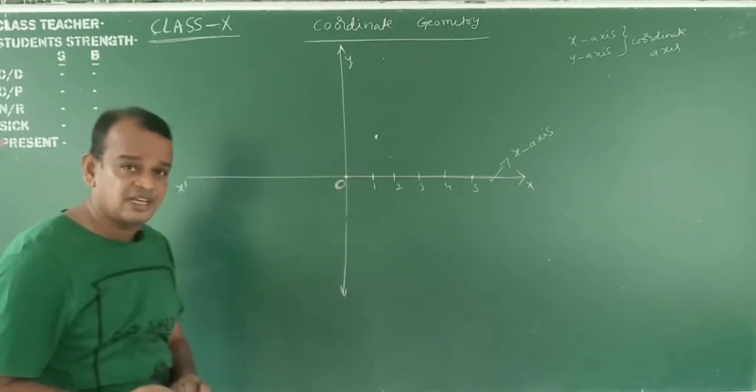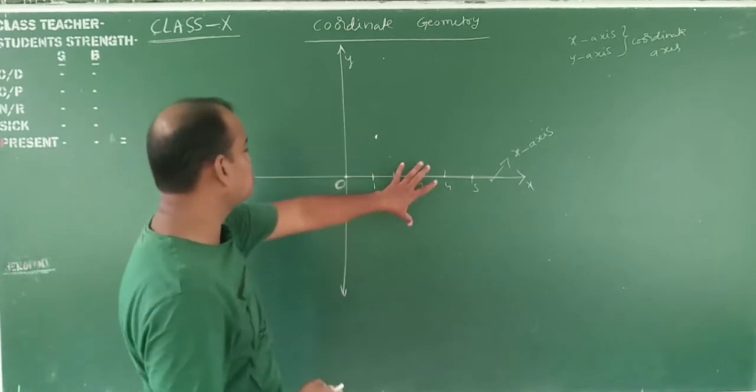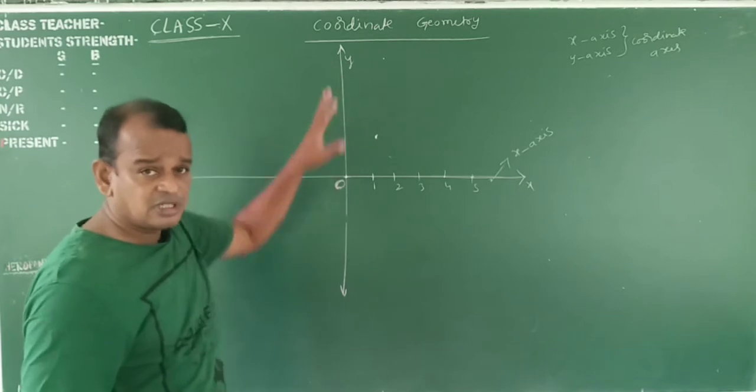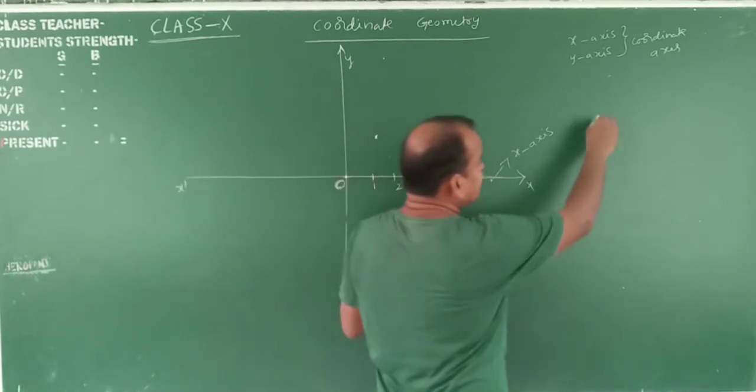Whenever a point lies on the x-axis, suppose this is two-dimensional geometry, the coordinates are in the form (x, y) only.